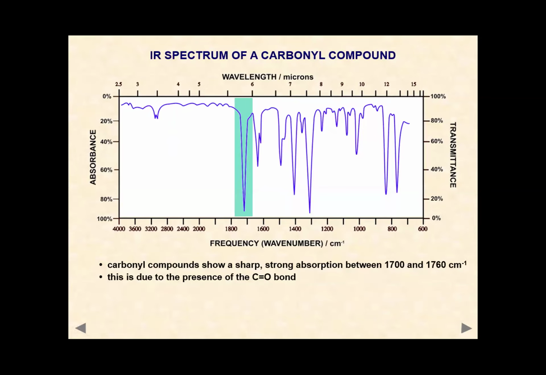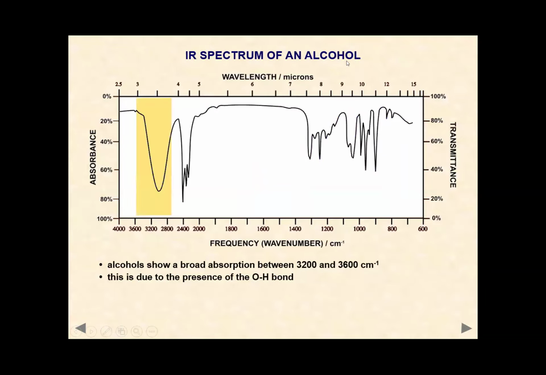This is due to the presence of the carbonyl bond, that is C double bond O. Is it clear? Yes. So this is the IR spectrum of a carbonyl compound. Now the next IR spectrum, of an alcohol.